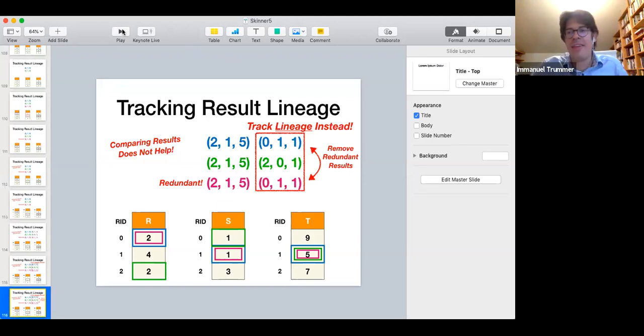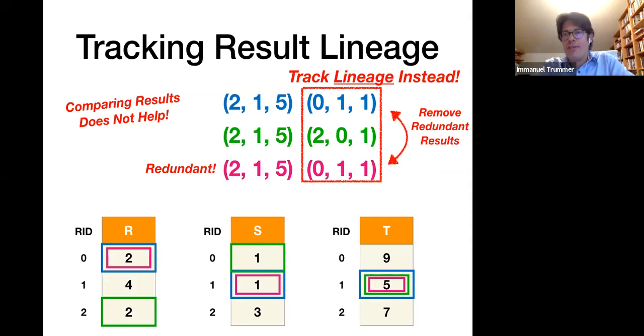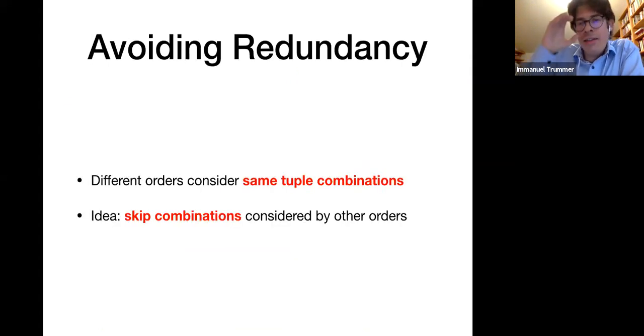Okay, great questions. Now, here we are talking about how we can stitch together join results, result fragments that have been generated according to different join orders. We have justified where we need lineage in order to guarantee a correct result. Now let's look at the second point, which is that we want to avoid redundant work, because if we switch between different join orders and we start from scratch for each join order, that might actually become quite inefficient.